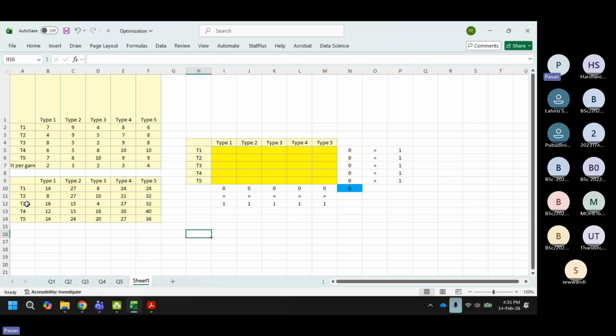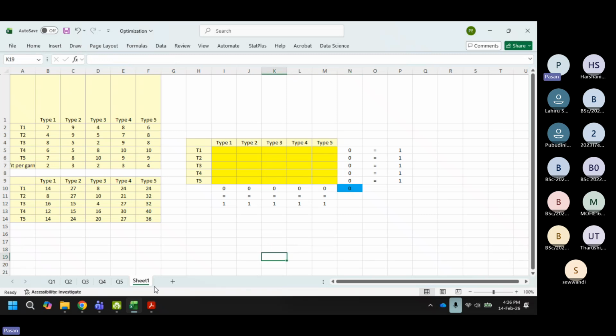Then I can multiply each one by its number, and that's my sumproduct from B10 up to F14, and I5 up to M9. That's the product of all these. So that's my objective function.